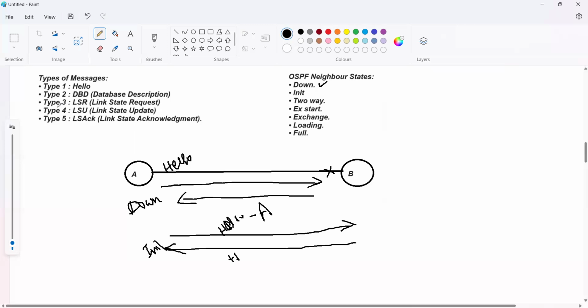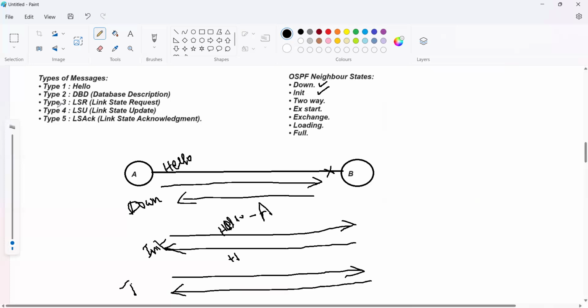So we advertise some prefixes, and together they are sending their names. Once we configured, it moves to the init state, then from init to the two-way state.